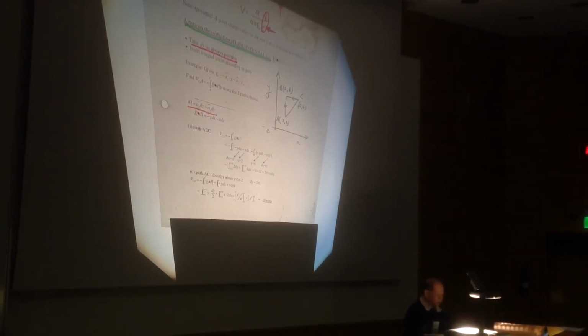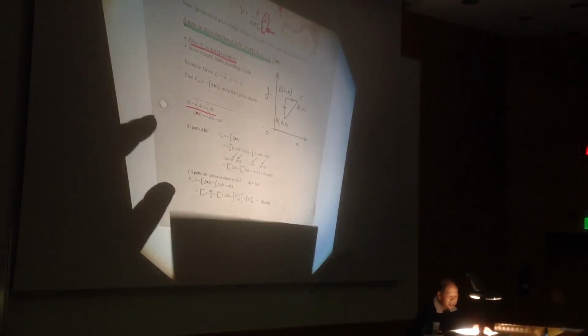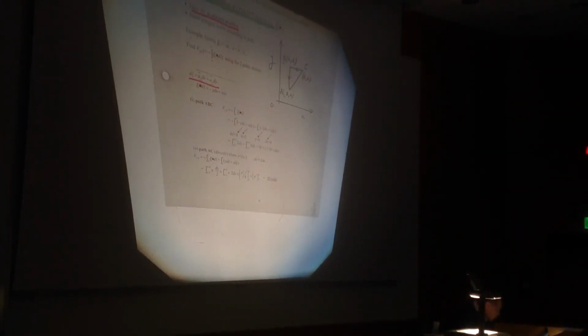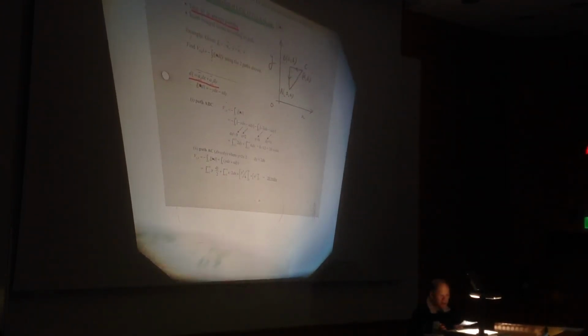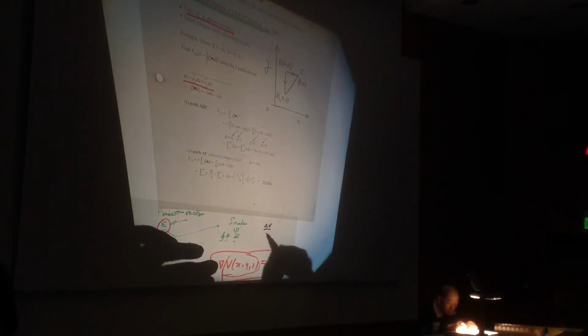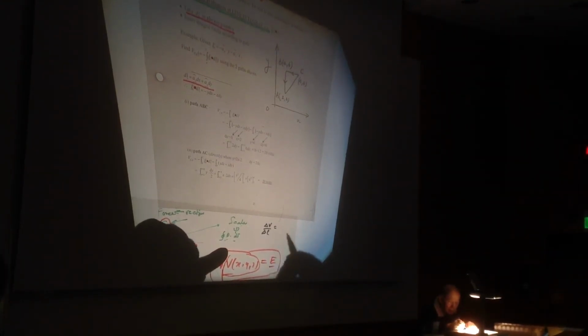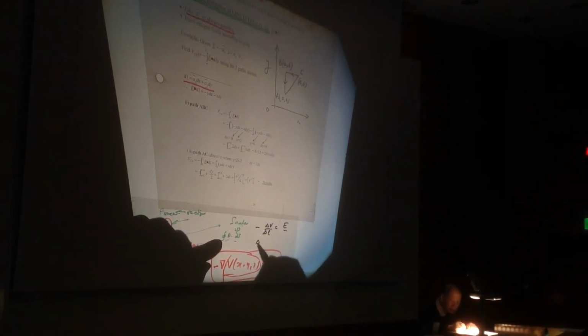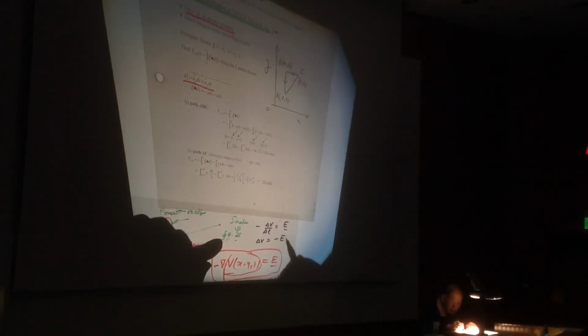Now before we stop, give me 5 seconds just to show you how we have to be very careful what we do. Everything we do must be done with justification, without memorizing the wrong thing. So we saw delta V by delta L is minus the E factor from left to right. So we found out that delta V is minus integral E dot dl.